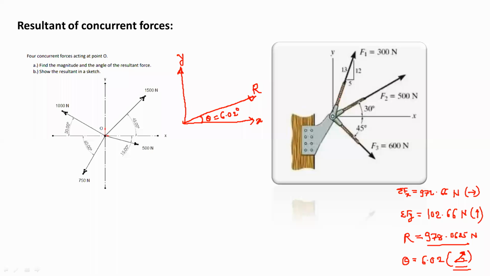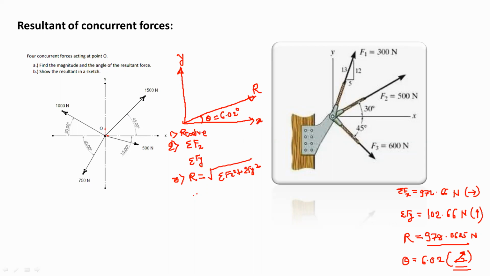What is the meaning of resultant and how to find the resultant, we have already discussed in the first example. So, steps for the resultant calculation. First step is resolve the forces. So resolution is the first step. Then the second step is find summation Fx and summation Fy. And third step, use the formula of resultant R is equal to square root of summation Fx square plus summation Fy square.